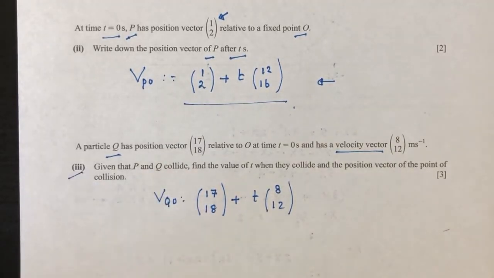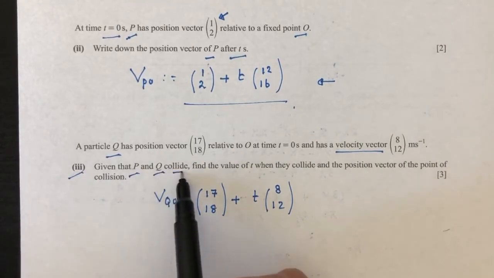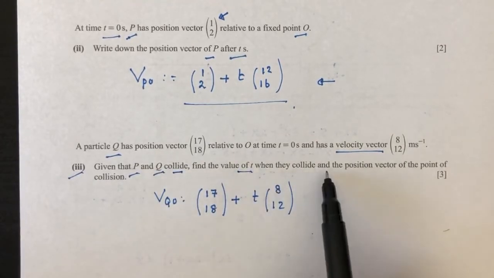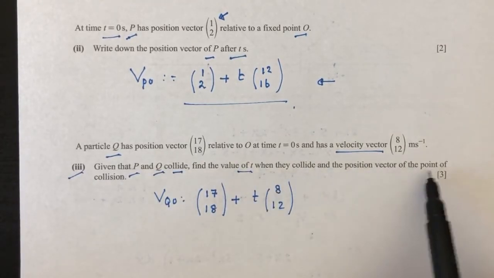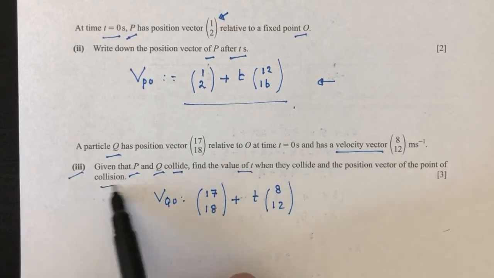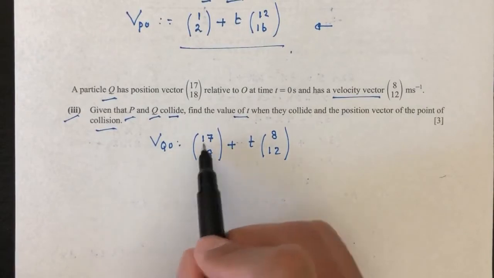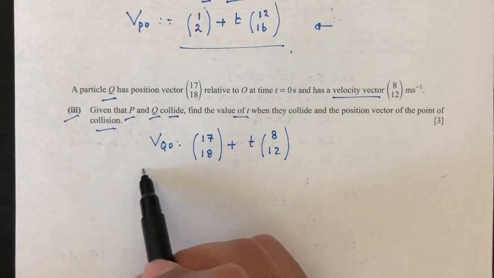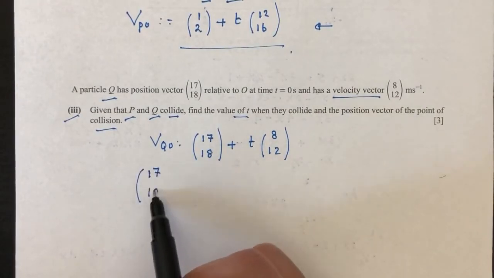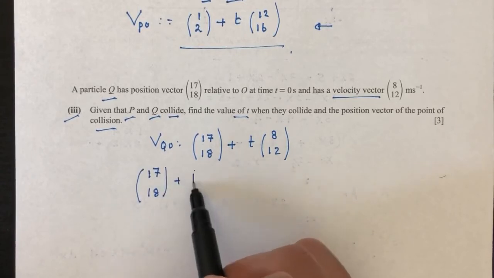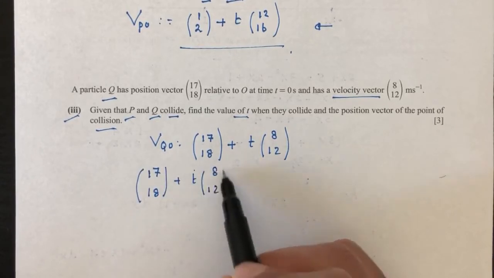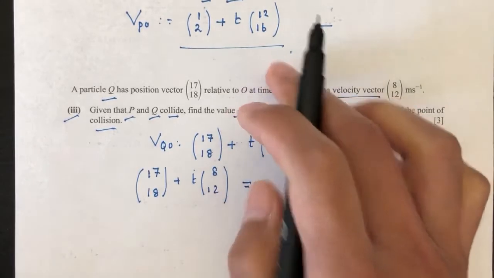Now part 3. Given that P and Q collide, find the value of t when they collide and the position vector of the point of collision. So we have to find the value of t when they are both in the same position. So basically we have to equate this plus this equal to the same position as this vector.